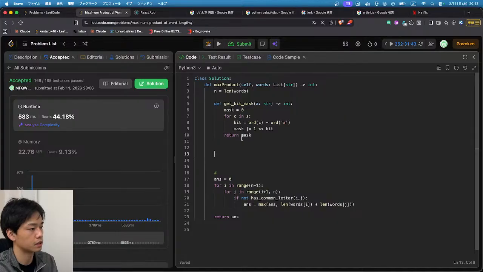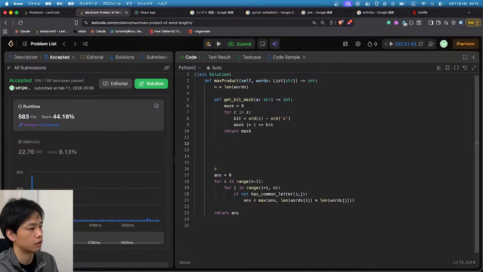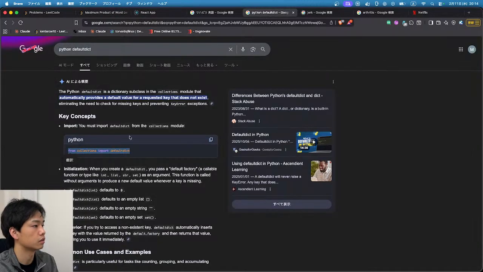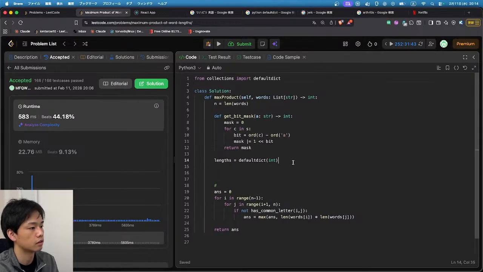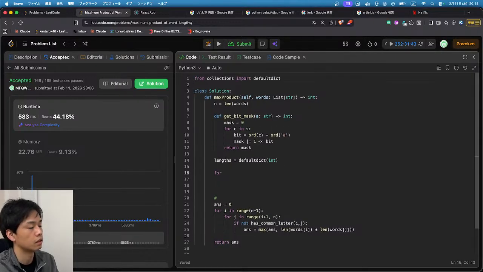This is a bit mask. And length is default dict, and update the length.